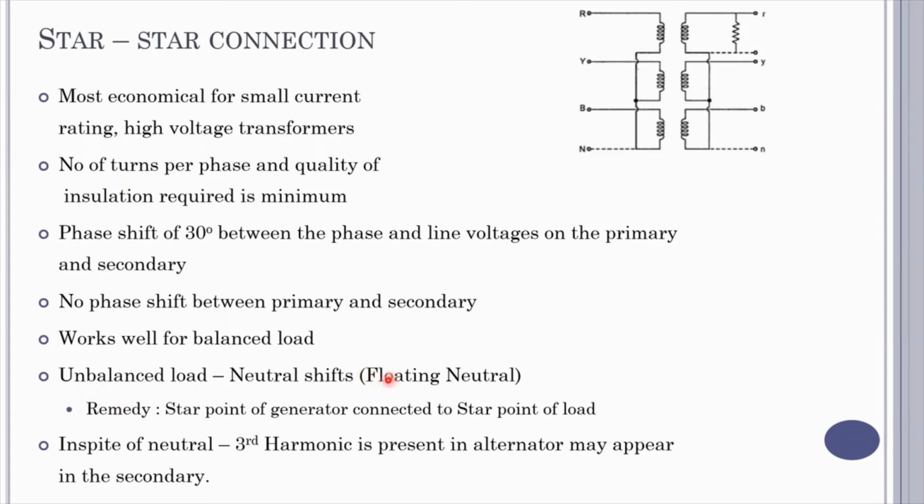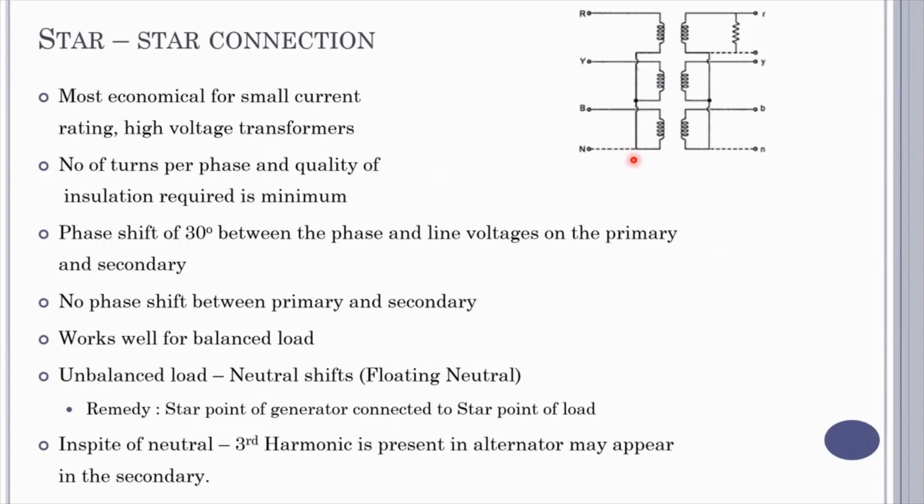If we don't connect the neutral point to ground, then the potential of the neutral is fluctuating, and you call it the floating neutral. And in case you're going to use star-star configuration for an unbalanced load, then we have to ground the star point or the neutral point. So it is also known as the star point.